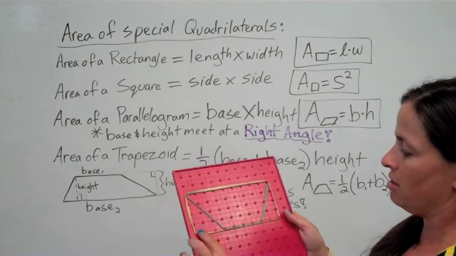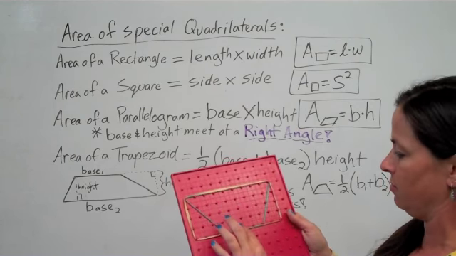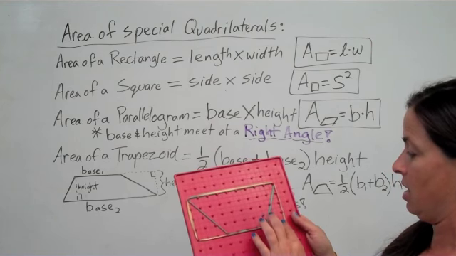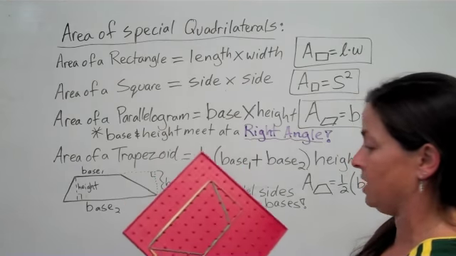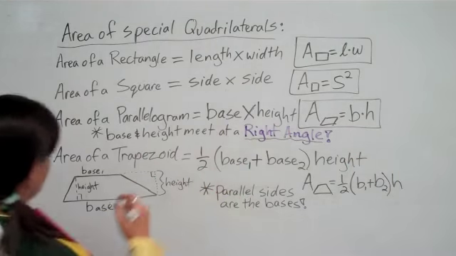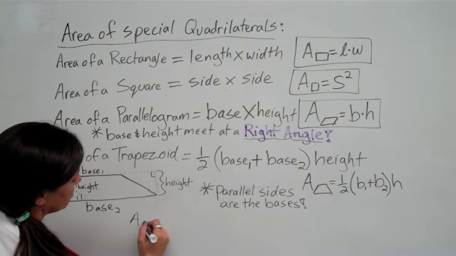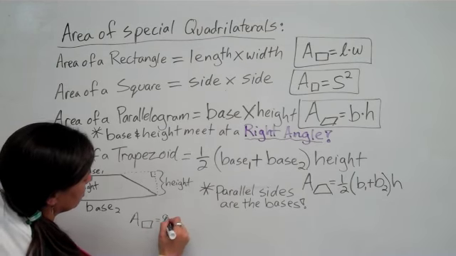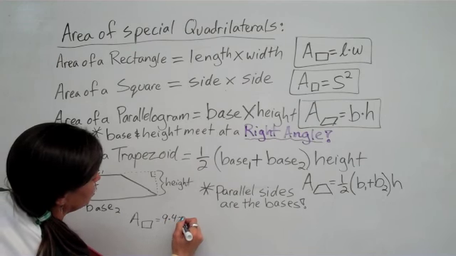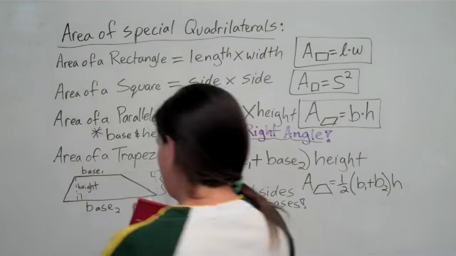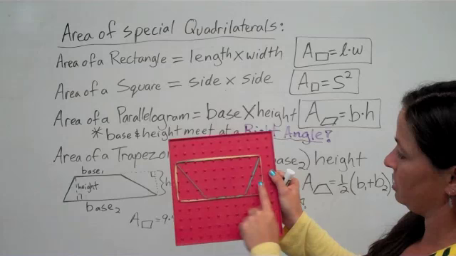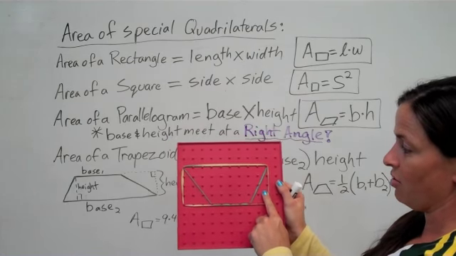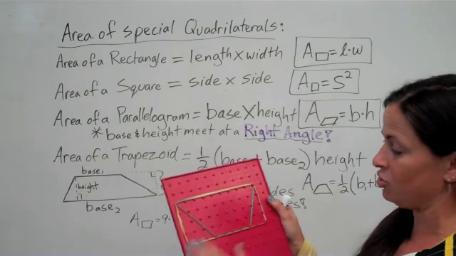The full rectangle is 9 by 4, so the area of this full rectangle is 9 by 4, which is 36. And I'm going to take off this triangle and subtract this triangle to figure out what's left is the trapezoid.